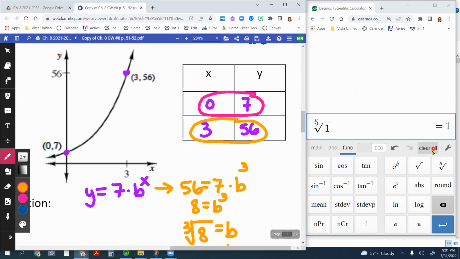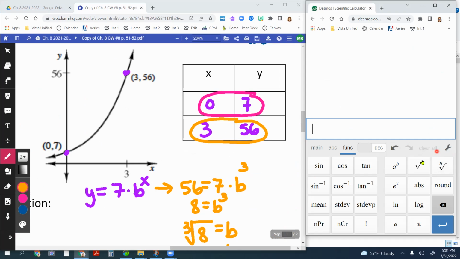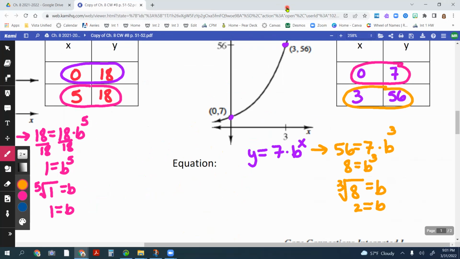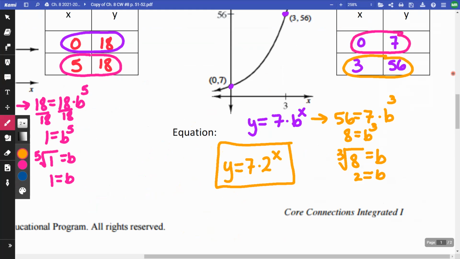When I put that into the calculator, it is going to be the cube root of 8, which is 2. So our b is 2. So that means that our equation is going to be y equals 7 times 2 to the power x. That is our equation.